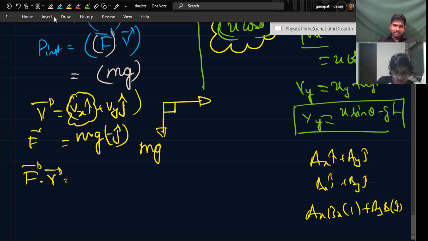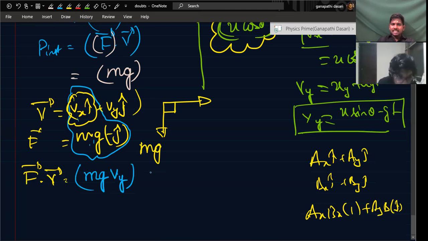You remember that? So this dot product will anyway become 0. Mg into Vx, i dot j, will become 0. Your answer: mg into Vy into minus j dot j, minus 1. The answer is minus 1.